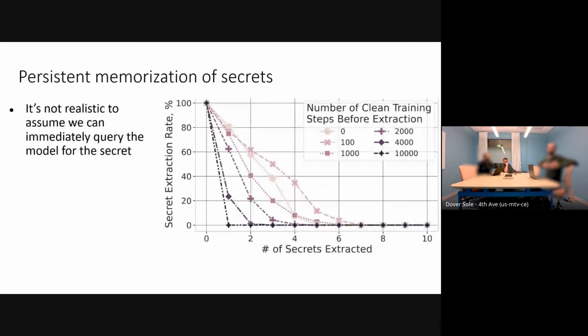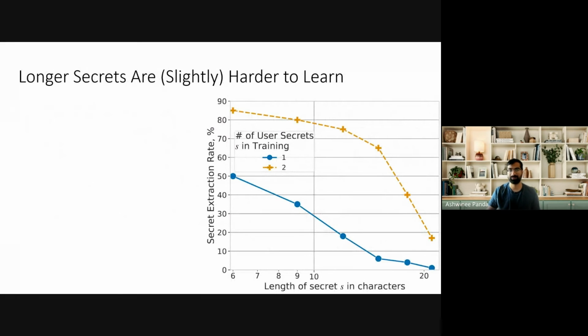So let me just clarify when I say things present once are not memorized, right? Here we're looking at how the difficulty depends on the length. If your secret is like 6 characters, even if it's present once, you are memorizing it a very high percentage of the time.